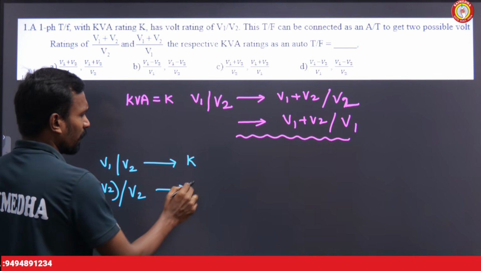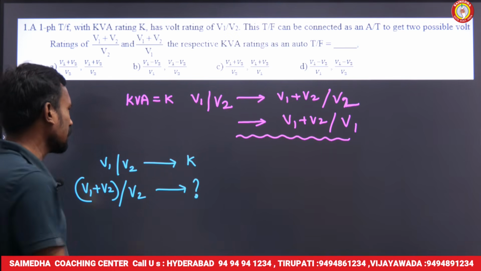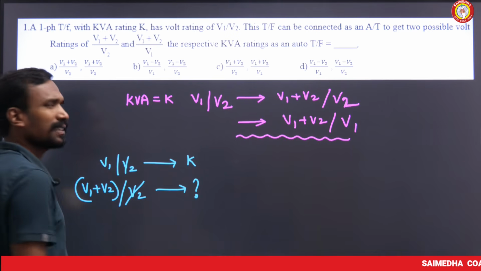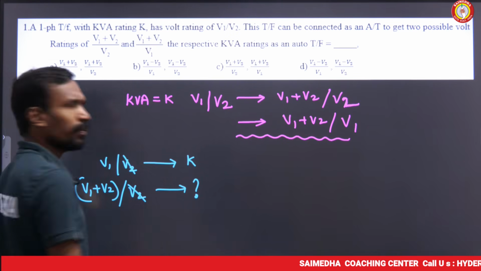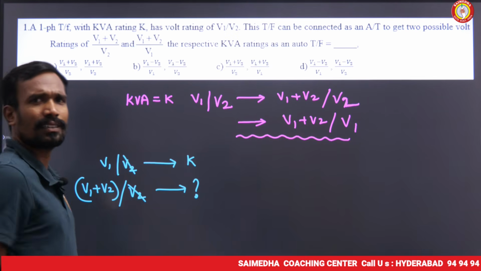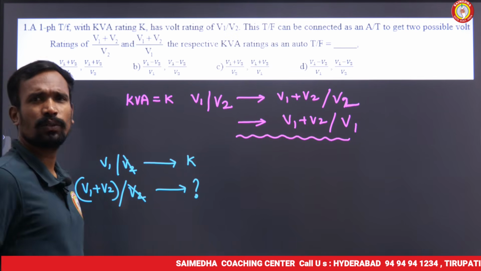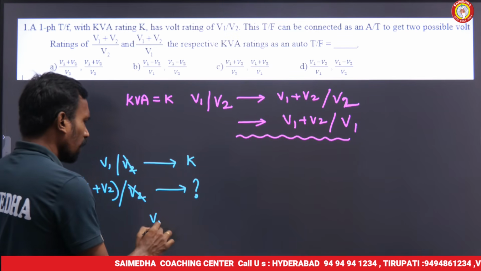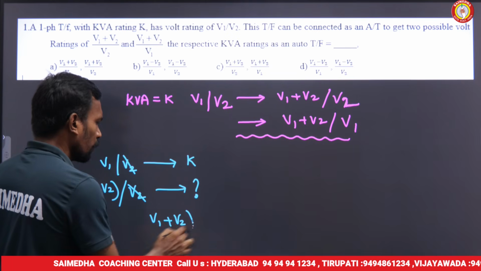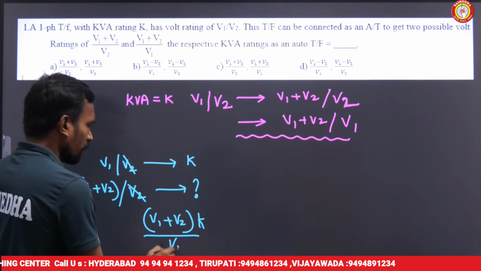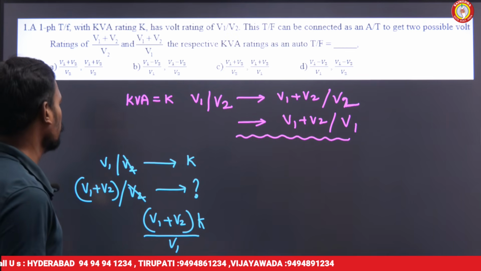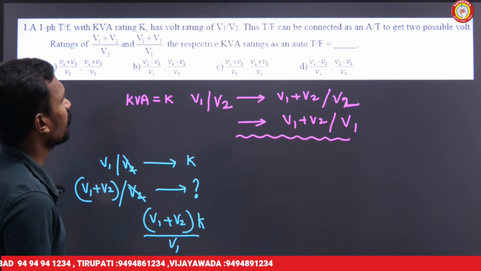Whatever is common, just cancel it. For V1 the answer is K. For V1 plus V2, simple cross multiply: (V1 plus V2) into K divided by V1.